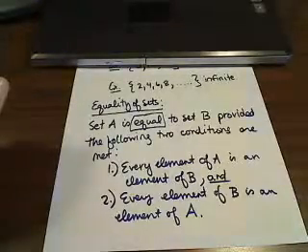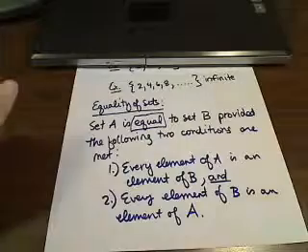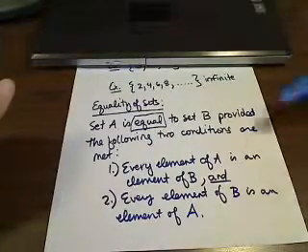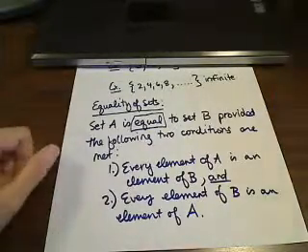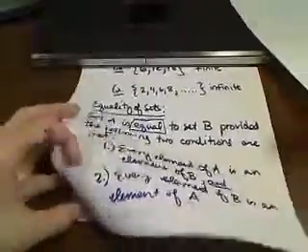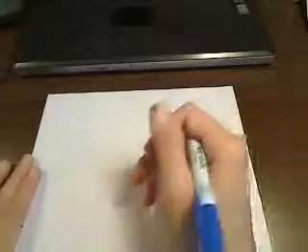Now, that's in distinction to this idea of equivalence. When we talk about equivalence in sets, two sets are equivalent if they have the same number of elements. The elements themselves don't have to be the same. They just have to have the same cardinal number.